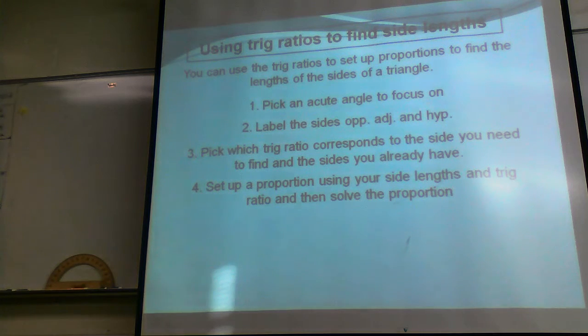Each one of the trig ratios for acute angles, so acute angles being between 0 and 90, for all the acute angles, has a specific value. All right, on that paper I just gave you, it's giving you the decimal equivalent for each one of those angle measures, like for sine, cosine, tangent.